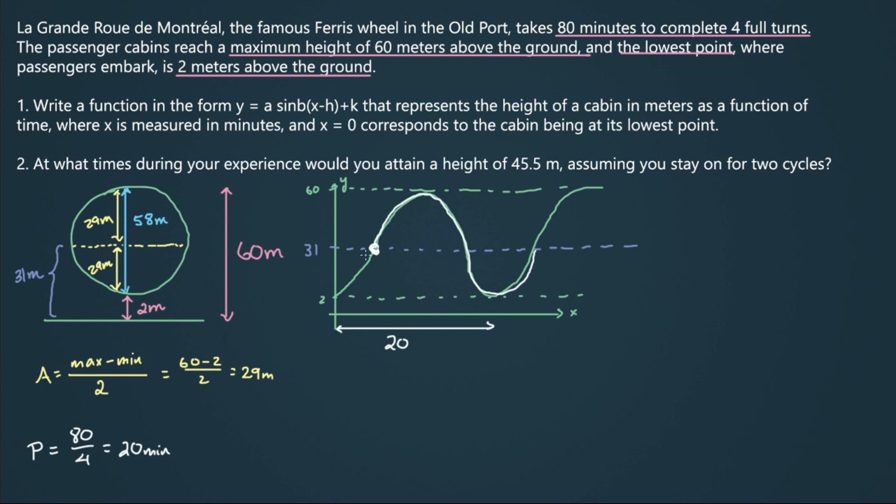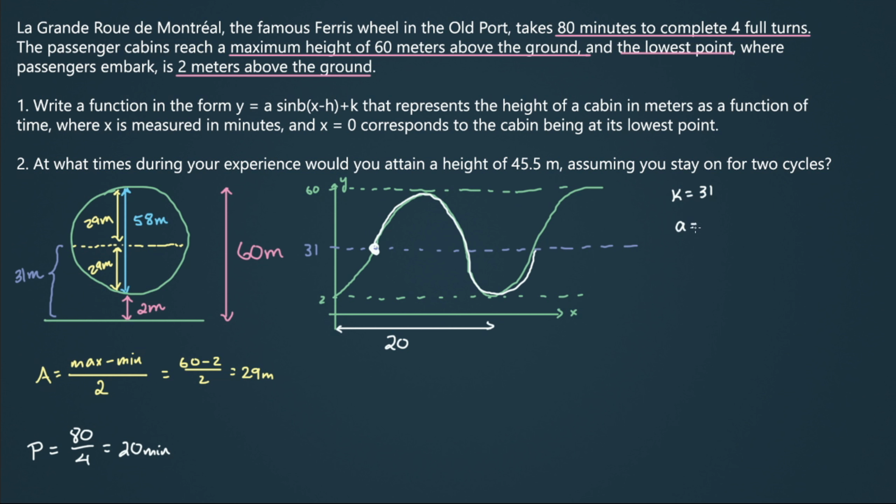Great. So remember, k, this k here in my sine function, represents the height of that midline. So we already have k. K is going to be 31, all right? And if we're going to start here and go up, then back down, that means that my a and my b have the same sign. So let's just make them both positive in this case.